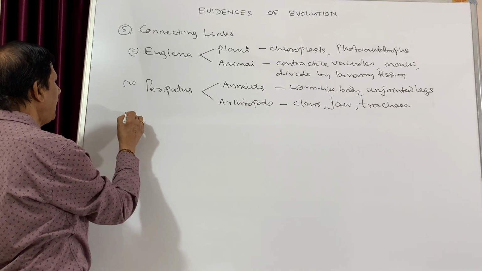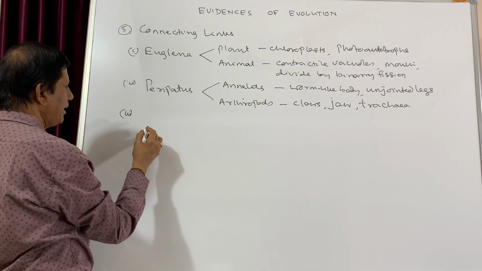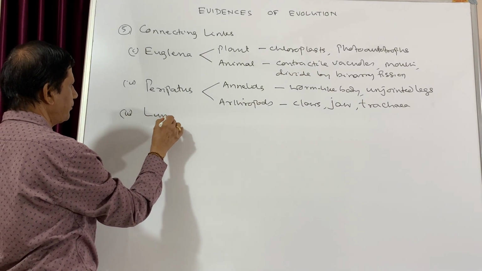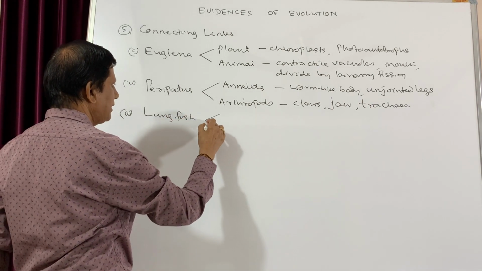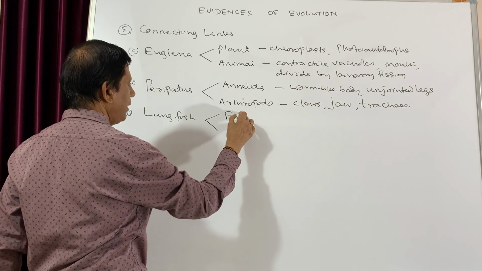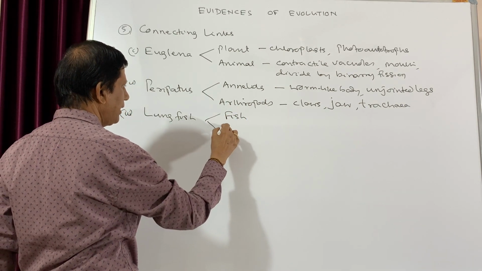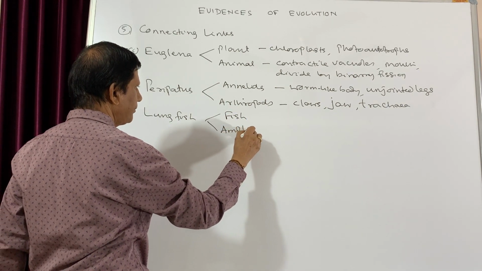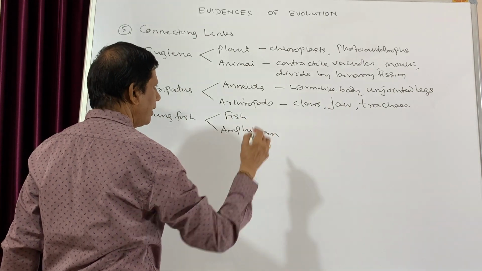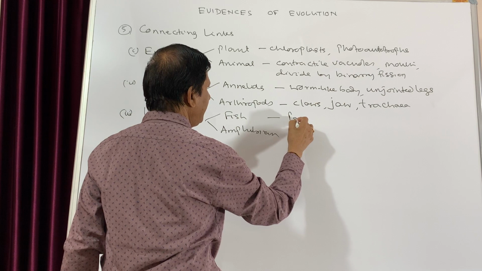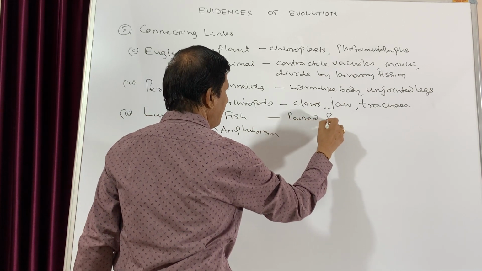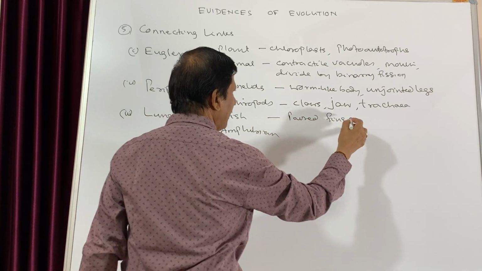Let us give the third example. The third example is lungfish. It has characteristics of both a fish as well as an amphibian. So what are the fish characters? They have paired fins and gills.